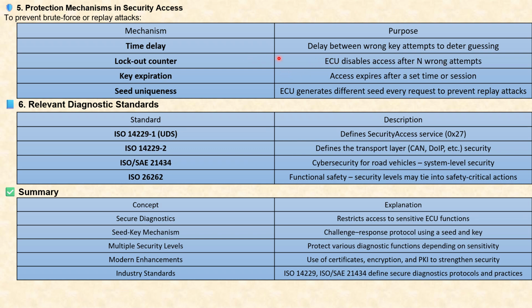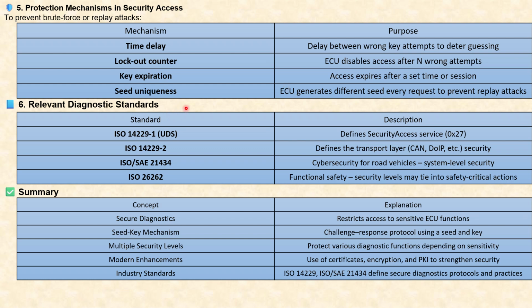This is something you see on your laptop also. For example, after three consecutive wrong passwords, the laptop or Gmail stops you from immediately attempting again. Next is key expiration, where access expires after a set time or session. And seed uniqueness: the ECU generates a different seed on every request to prevent replay attacks.